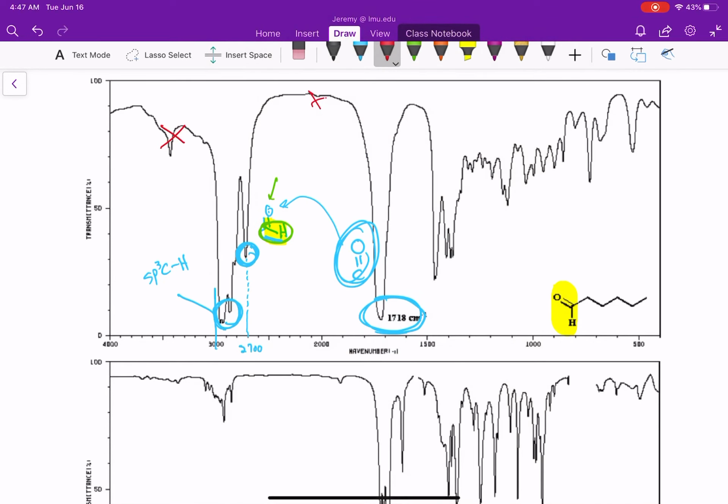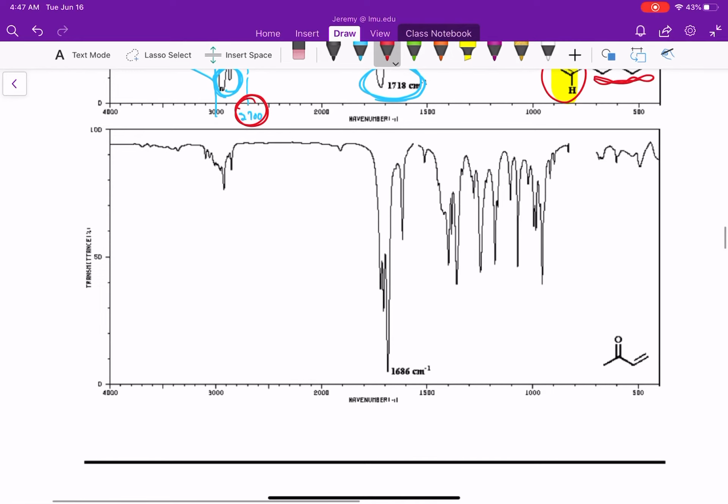We get down to the fingerprint region, we can basically ignore that. This peak here is important because it tells us we have an aldehyde. Again, we don't know how many carbons we have here. We definitely have some because we have sp3 carbons, but we don't know exactly how many. Again, the purpose of IR is to tell us, do we have that functional group or not?